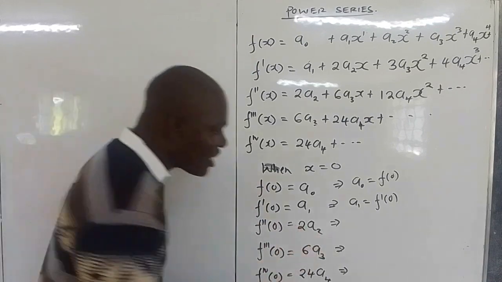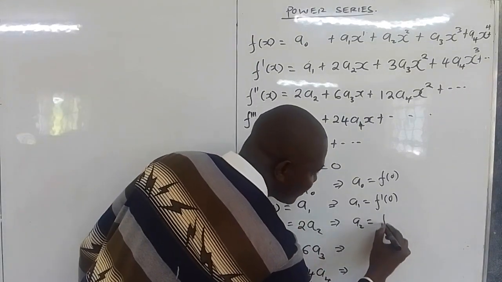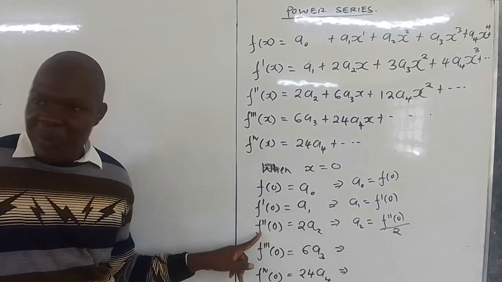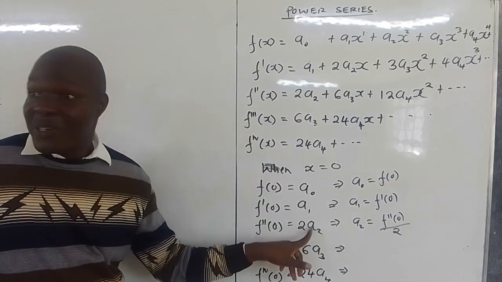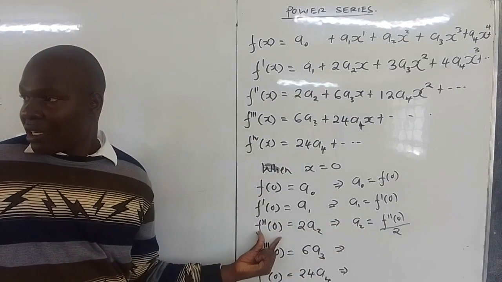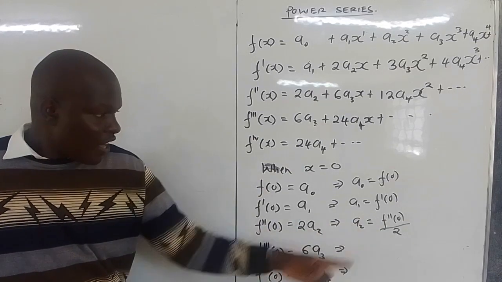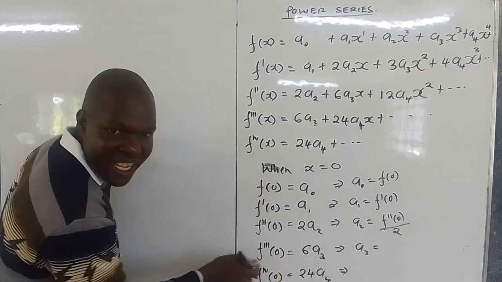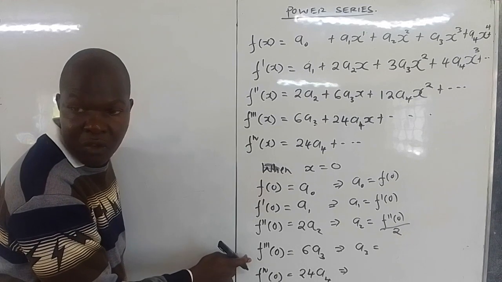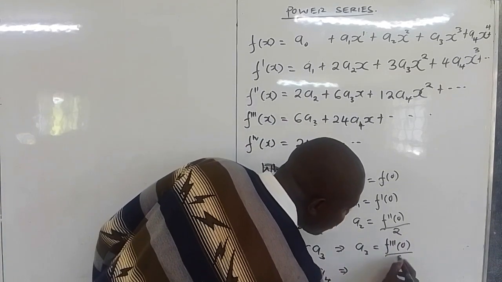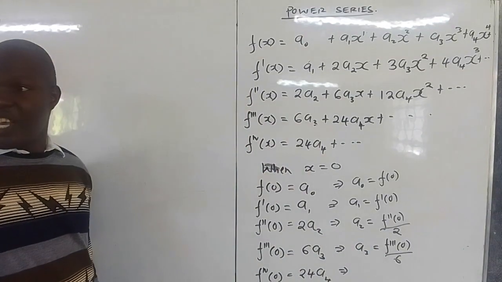And here a2 is f double prime of 0 over, so you divide both sides of the equation by 2 for you to remain with a2. So it means a2 will be f double prime of 0 over 2, isn't it? Are you seeing that? Then a3. So you divide both sides of the equation by 6. Are you seeing that? What do you get to be a3? F triple prime of 0 over 6, isn't it?